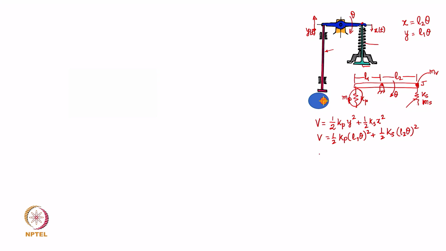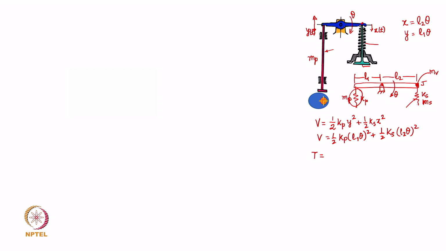What about the kinetic energy, capital T, in the system? We already have seen that there is a mass of the push rod that is assumed, right. So, if the push rod mass is to be accounted for, okay, but that mass is distributed, it is not a lumped mass as such.